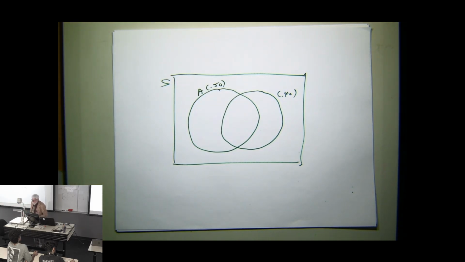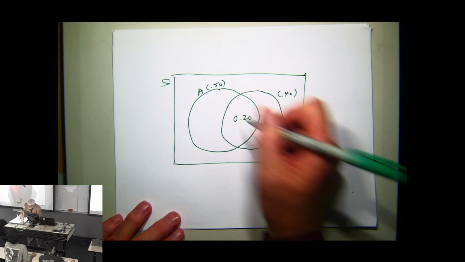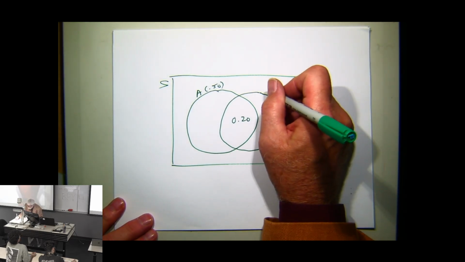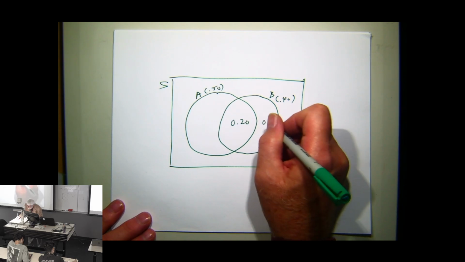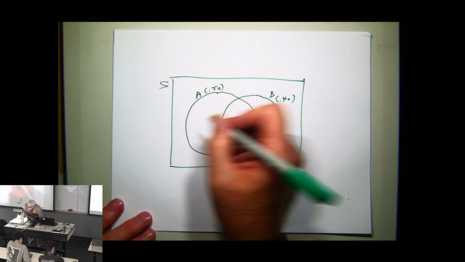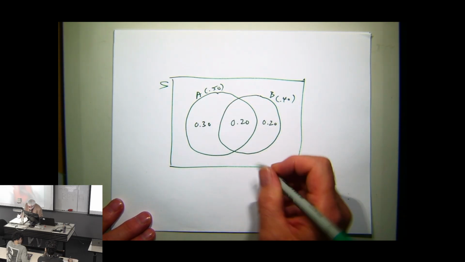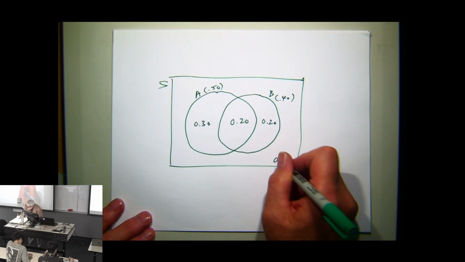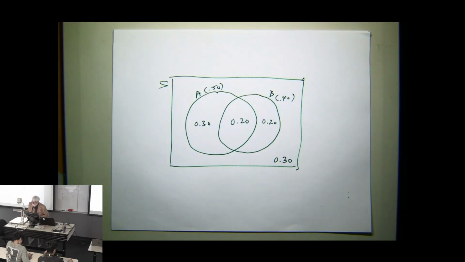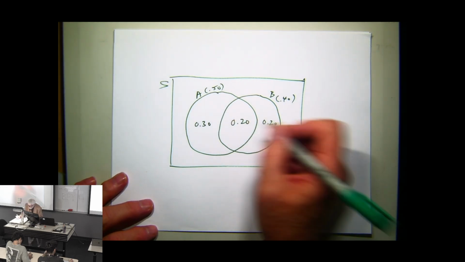Okay, sample space, total area is 1, and we're told this is 0.20. So again, that's B. And so this area out here is 0.20, and this is 0.30, and this area out here is 0.30.